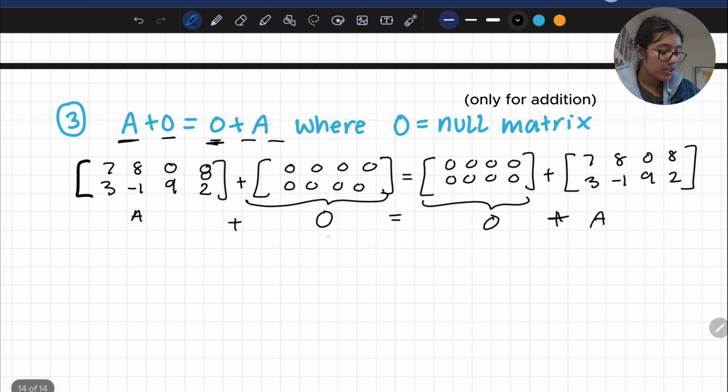This is A plus O is equal to O plus A. That's commutative property. But another thing to also note, and this might be pretty obvious, is that A plus O is equal to A. This null matrix basically acts like a 0, like you're not adding anything to any of these terms. So obviously this added to this is just going to be that original matrix we had because you're just adding zeros to that.